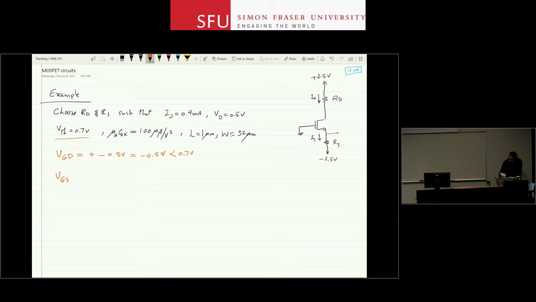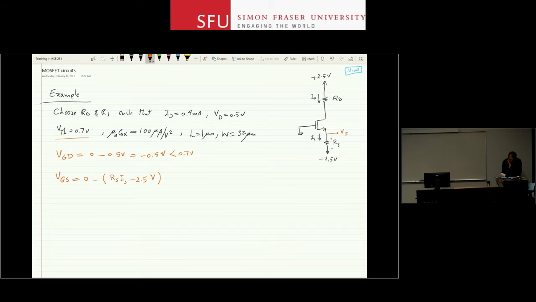So I want to find the voltage here. So this is VS. What I can notice is that VS is RS times IS, the voltage drop across this resistor, above the negative supply. So VGS is going to be 0 for the gate, minus the source voltage, which is RS times IS minus 2.5 volts.